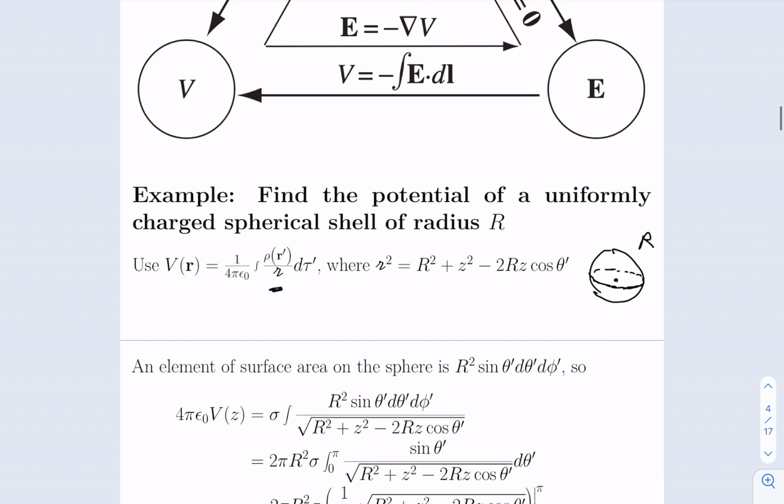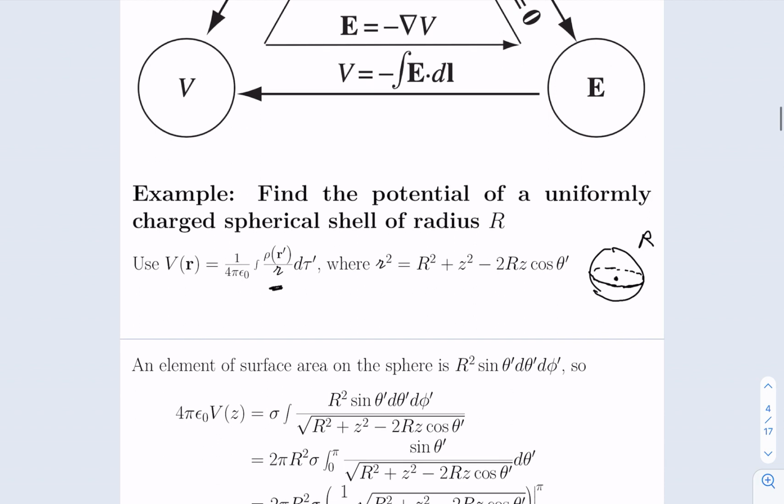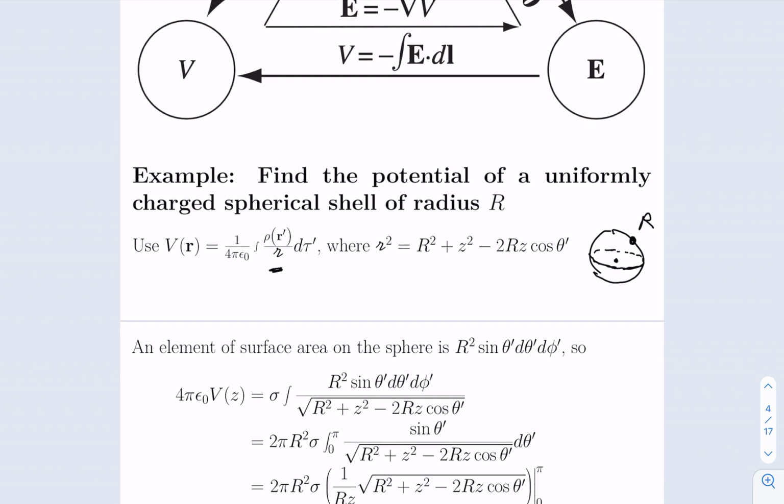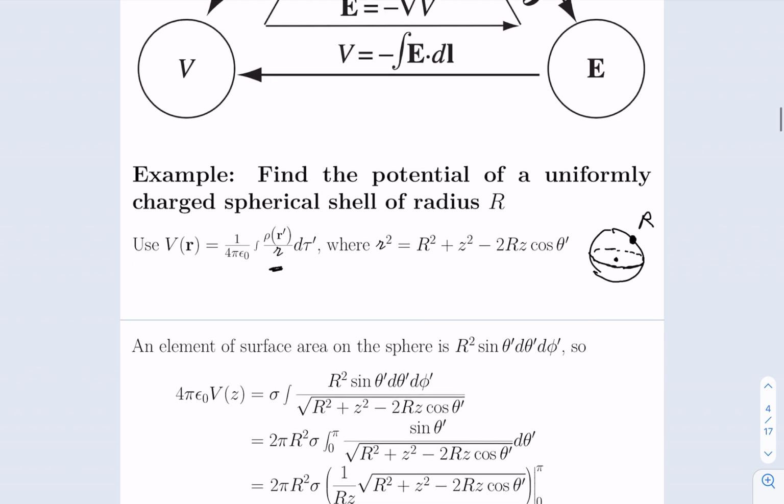So if we set the origin at the center of this shell, we are going to look at a specific point on this shell, and this is the r prime coordinate.